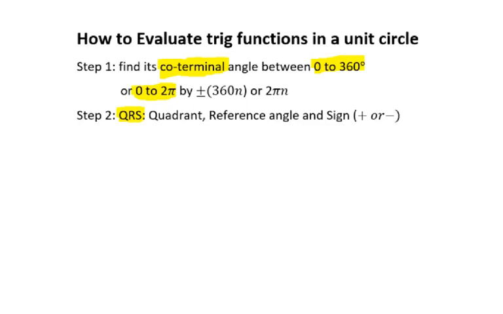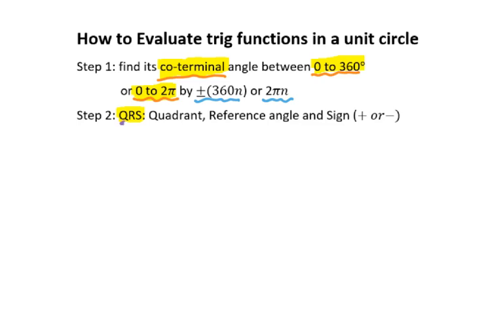Here are the rules to evaluate trig functions in a unit circle. Step 1: find its coterminal angle between 0 to 360 or from 0 to 2 pi by adding or subtracting 360 times integers or 2 pi times integers.